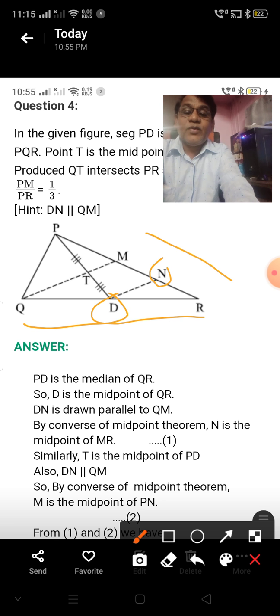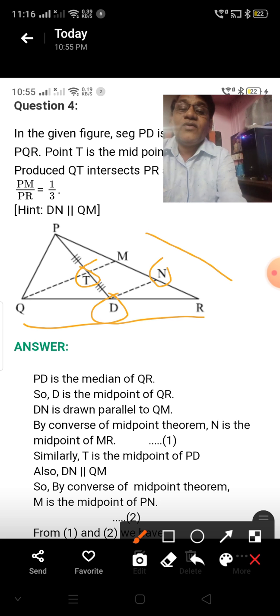Similarly, T is the midpoint of PD, and also DN is parallel to QM. So by the converse of the midpoint theorem, M is the midpoint of PN.